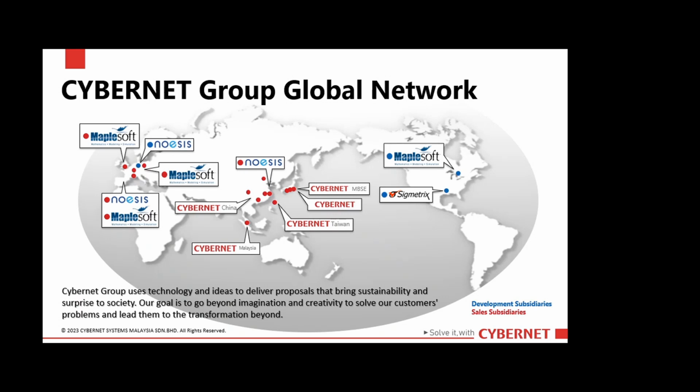Cybernet's partnership with Ansys also has a long history. We have two subsidiaries, in China and Taiwan. In Europe and North America, we have Symmetric, Microsoft, and Neosys Solution. These three companies are our sister companies, also part of the Cybernet group.